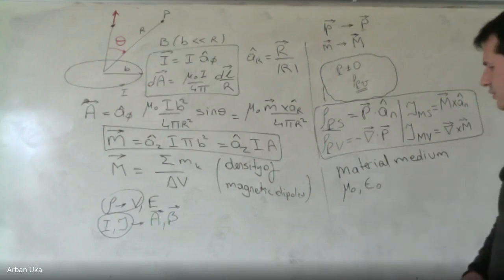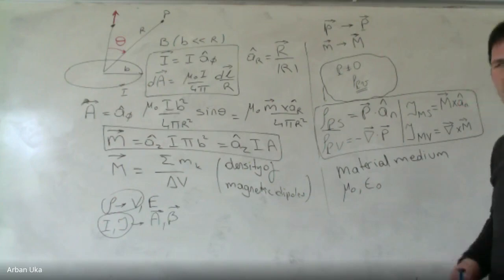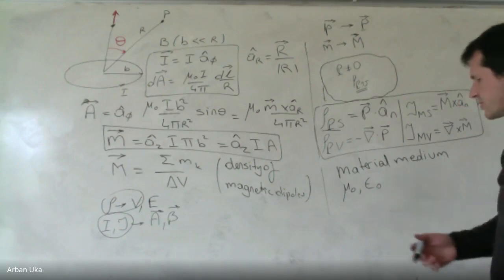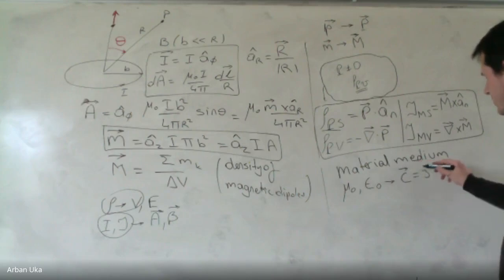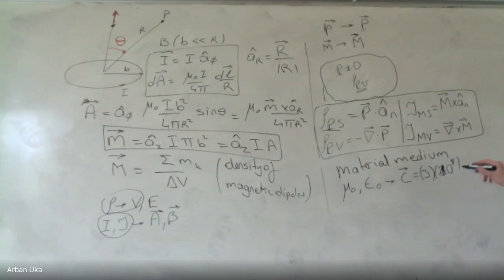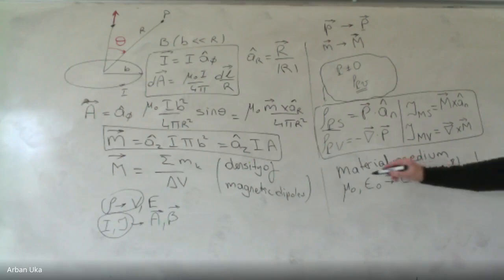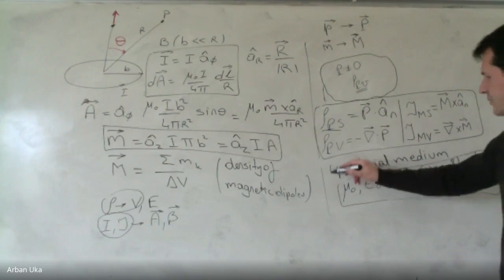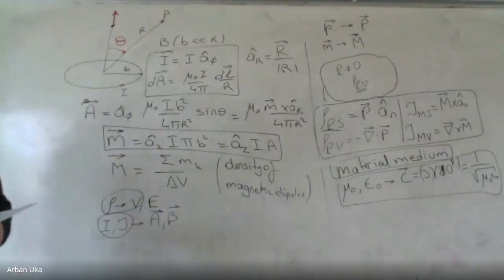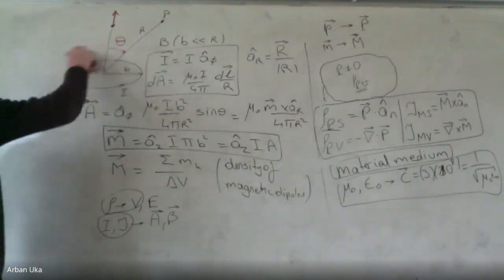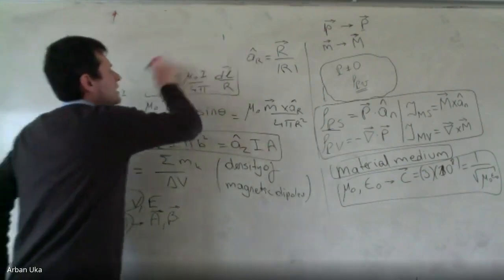And these belong only to vacuum or air, where air is pretty much approximated to pure vacuum. This even concludes that the speed of electromagnetic waves is equal to the speed of light, approximately 3 times 10 to the power 8, which is equal to 1 over the square root of mu zero epsilon zero. So again, these belong to vacuum or air, but the equations that we wrote here on top deal with the material medium.